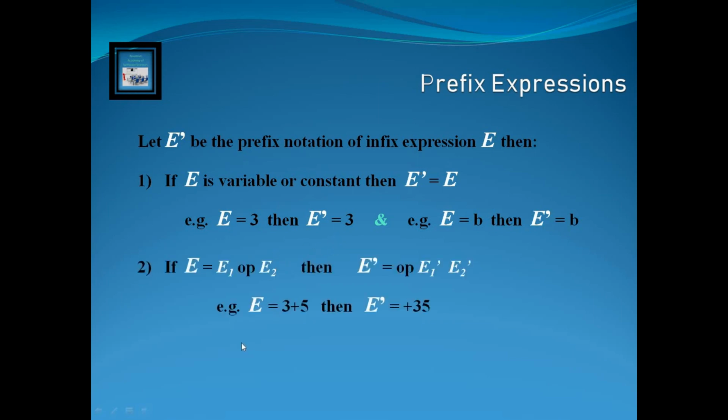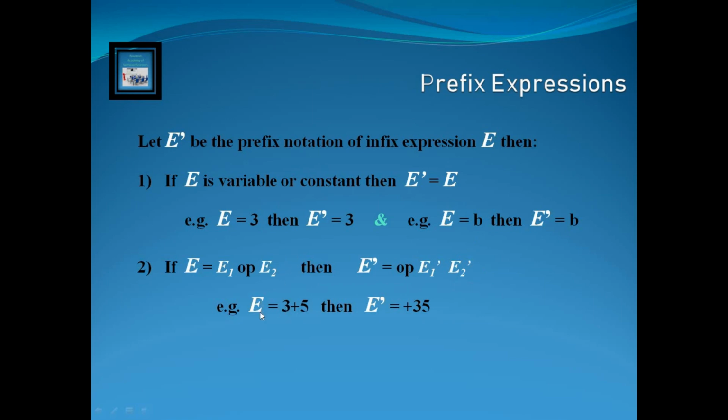The second rule represents that if the infix form expression is in such a form that there is a first sub expression, then an operator, and then a second sub expression, then its prefix form is, first, the operator, then the prefix form of the first sub expression, and then the prefix form of the second sub expression.